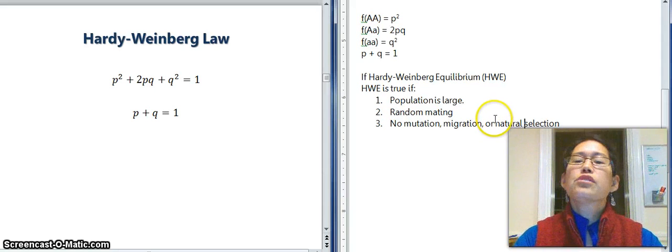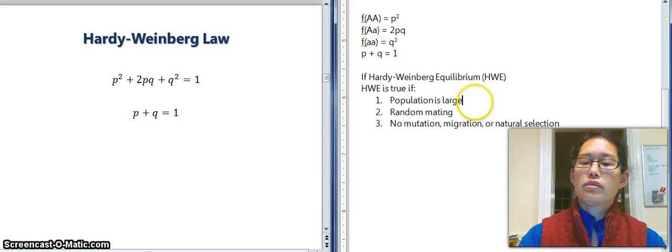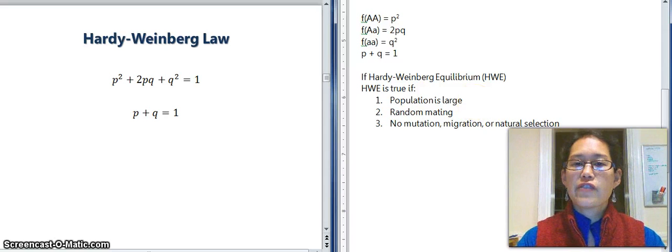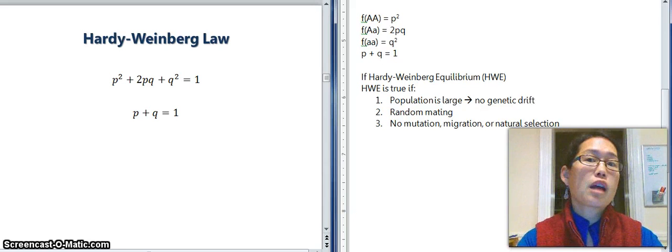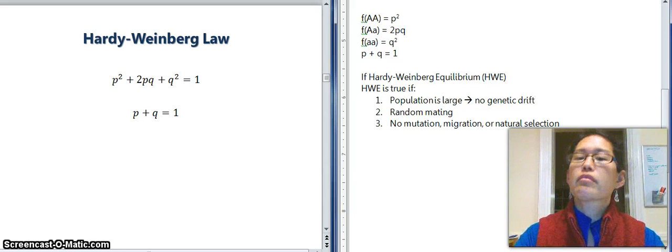What this is really about, just to place it in the context of where this lecture is going: the large population assumption means that you have no genetic drift, and we will talk about what that means in a minute.